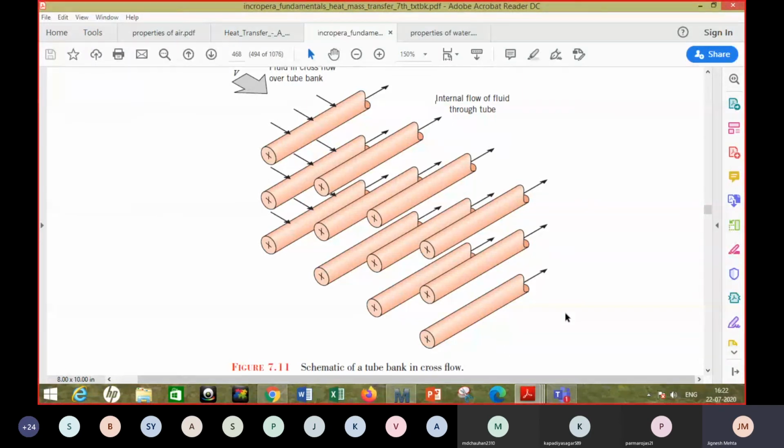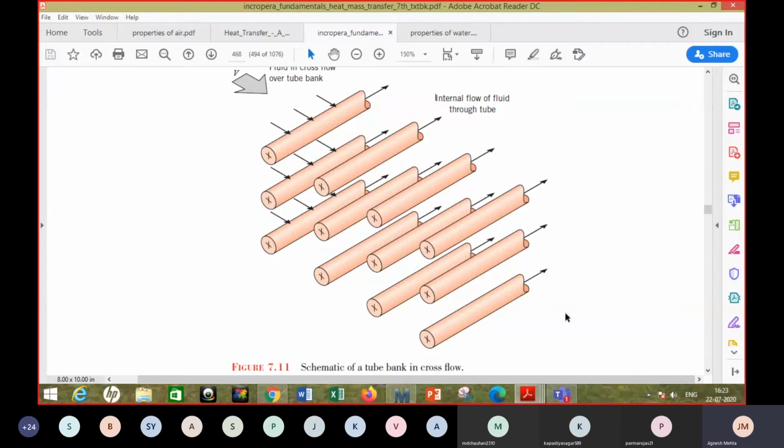air passing over this. Now, the air, as has already been demonstrated in two of the examples, is a very poor medium for heat transfer. So how do you compensate for that? One of the ways to compensate for that is to provide more area on the air side, right? More area on the air side, and that is why you put fins on the air side.